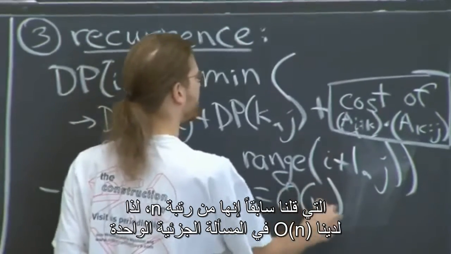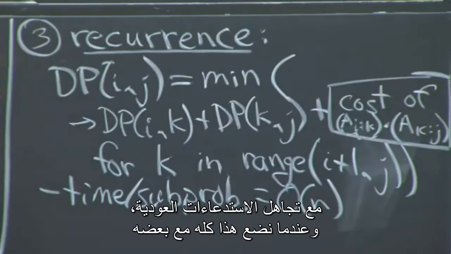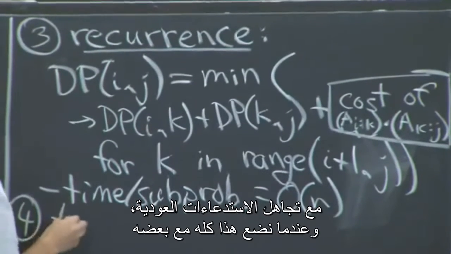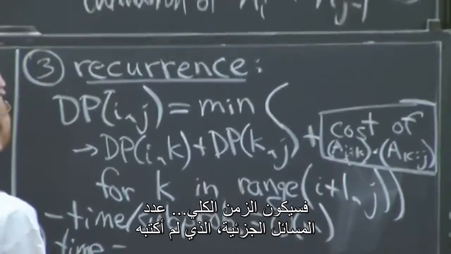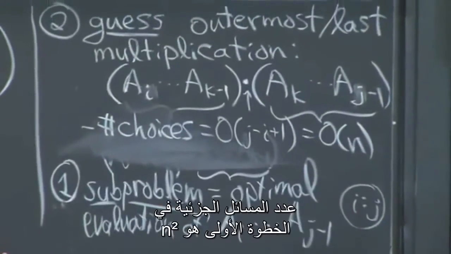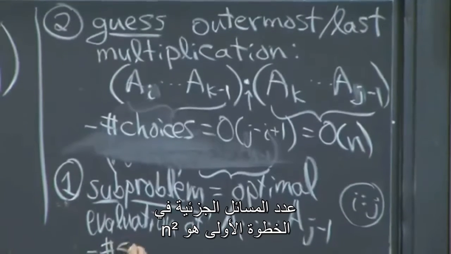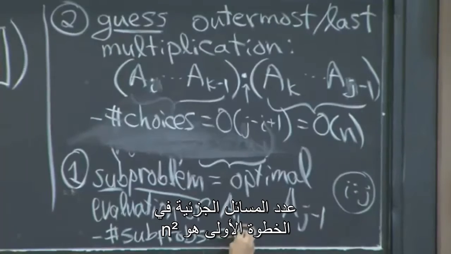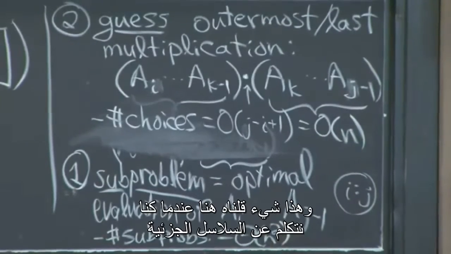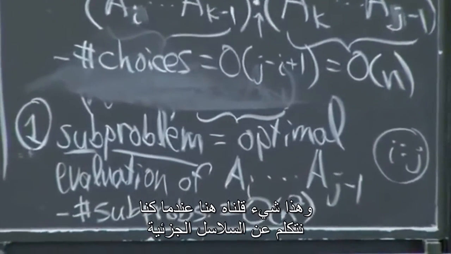So it's order n time per subproblem, ignoring recursions. And so when we put this together, the total time is going to be the number of subproblems, which I did not write. Number of subproblems in step 1 is n squared. That's what we said over here for substrings.